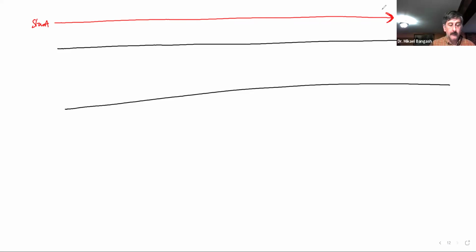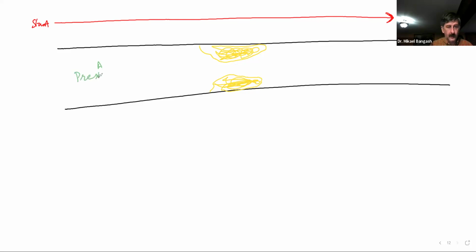Now let's just make our plaque. We can say, atherosclerotic plaque. So what can we do with this point here? Now we can just label it as A. What will it be?